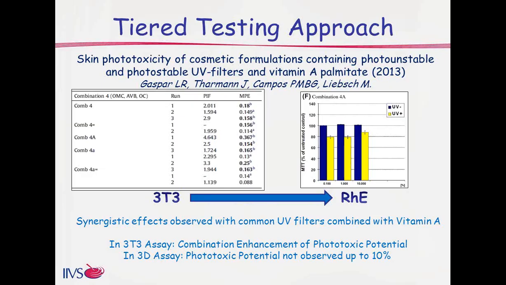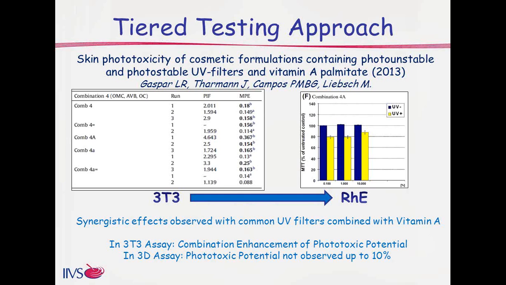A number of those UV filters and vitamin A combinations were then assessed in the 3T3 assay. Those results showed a synergistic effect and levels of enhancement of phototoxicity depending on the combinations used, specifically those combinations that were containing avobenzone. So the next step was to evaluate those same combinations in a three-dimensional model.